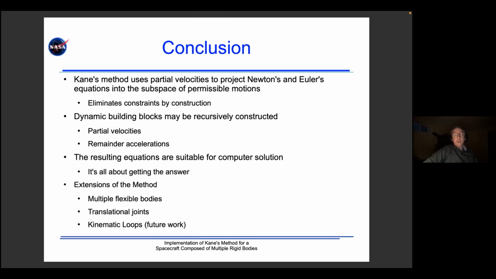And so by construction, it eliminates all the constraints, which is great. I talked about some dynamic building blocks and how we can construct them recursively, the partial velocities themselves and the remainder accelerations. The resulting equations are suitable for computer solution.